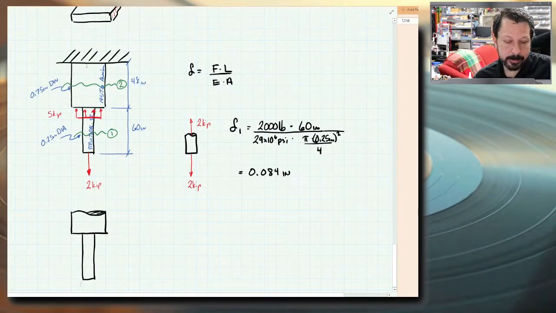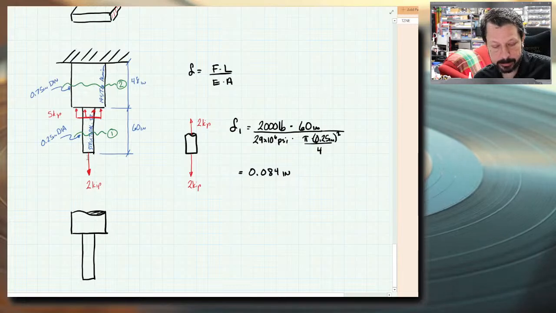I could draw just the little piece on top, but it's connected to the ceiling, and I don't want the ceiling there because I want a free body diagram. So I'm going to draw the other half, the green line all the way down the rest of the body. So I do have to include region 1 in this.